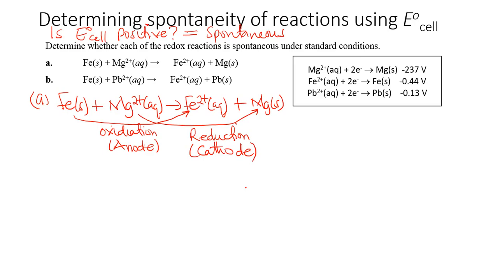So when you get reactions like these ones, normally you go to tables. So just go online and say electrochemical series. If you go online and say electrochemical series, you have a table that has what we call reduction potentials.